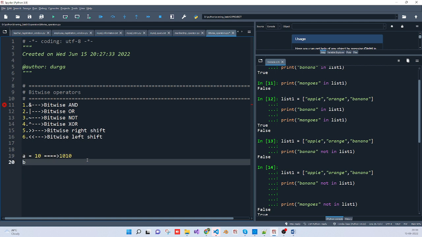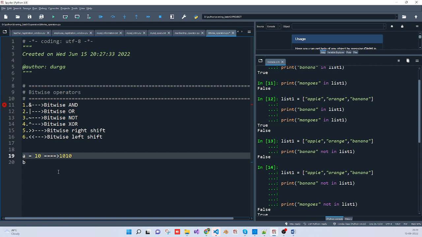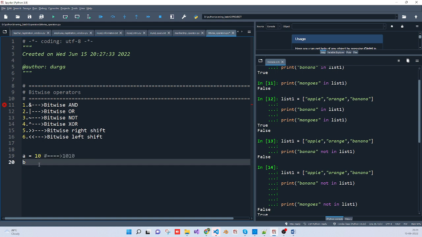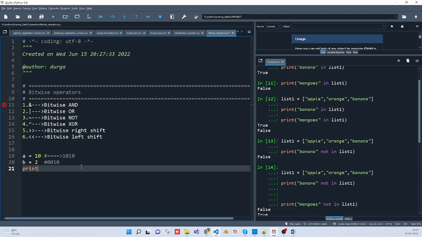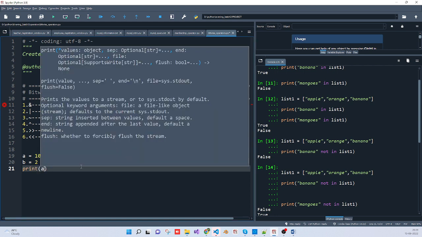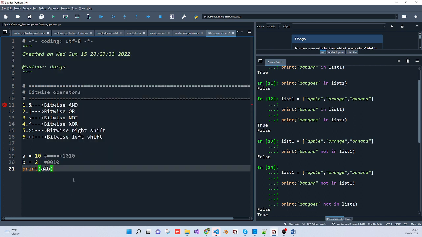Next b is equal to 2. The binary number is 0010. Now I am doing print a and b.